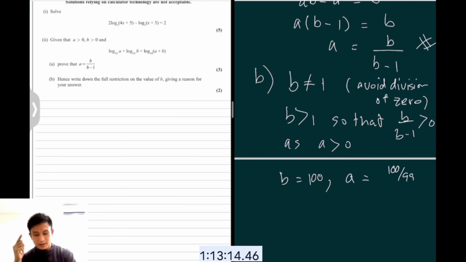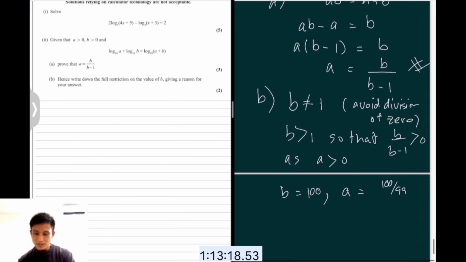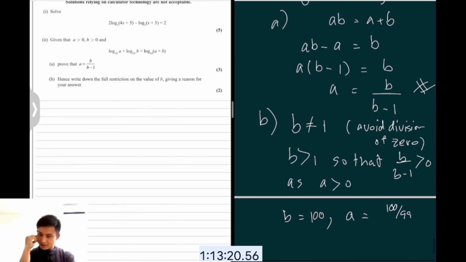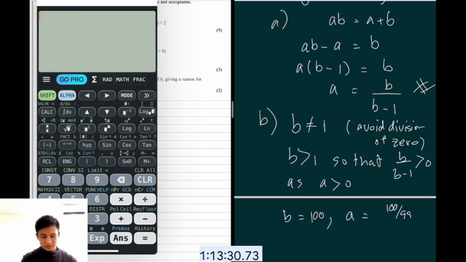If b is 100, a is that, and a times b is that, and a plus b is that, really? Interesting. So ab is 10,000 divided by 99. But a plus b, 100 plus 100 over 99, what is it?